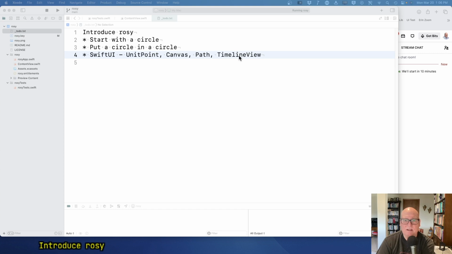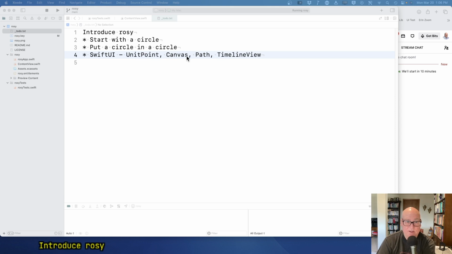Let's skip around. TimelineView is a view where you can tell it, I want to do animation, and it just calls you at some sustainable rate, probably 60 frames a second, I would guess, something on that order. And it gives you the clock when it's called, so you can work that out.